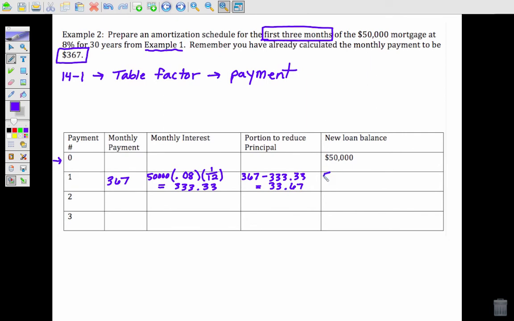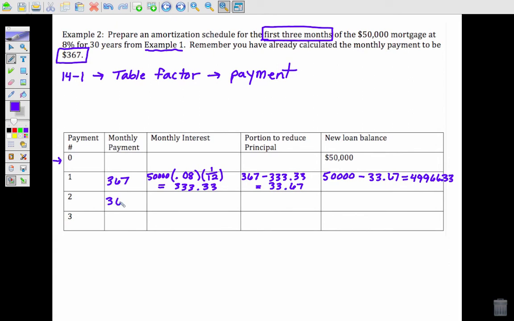So now we have a loan of $50,000 and I subtract $33.67, so now I have a balance of $49,966.33. You can see that by one payment, your mortgage does not go down by very much.